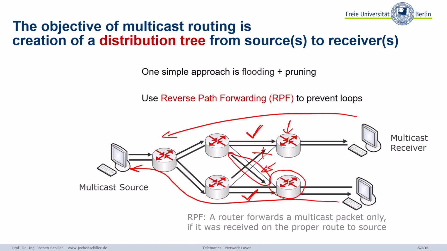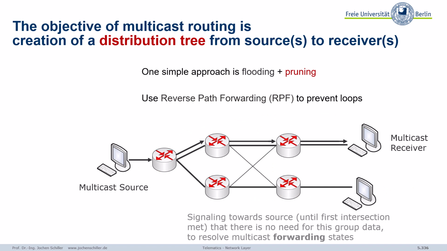And we now say, okay, we will not forward if we receive multicast packets on this non-proper path. But still, we do get packets here, although this is not a multicast receiver.